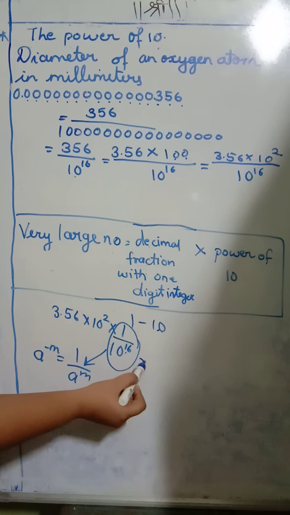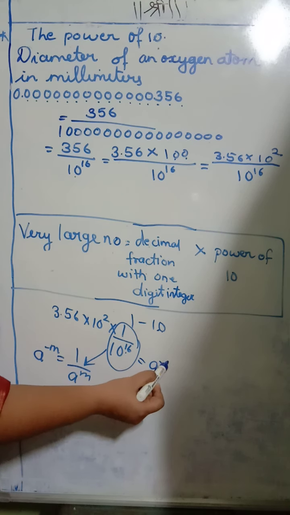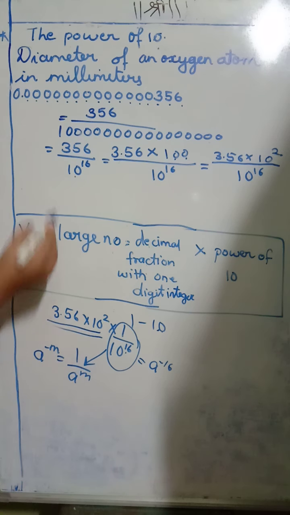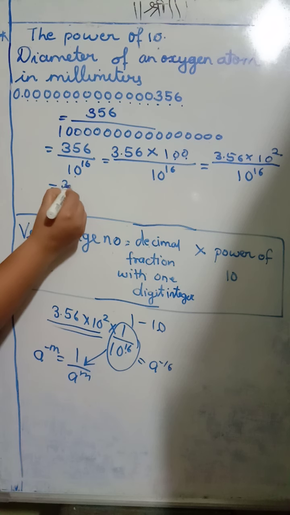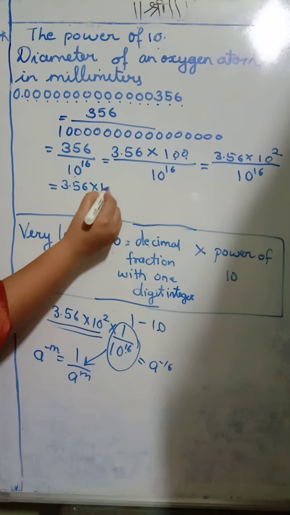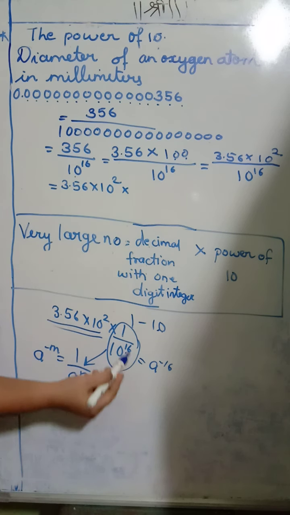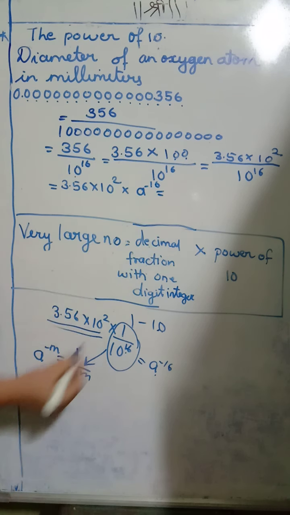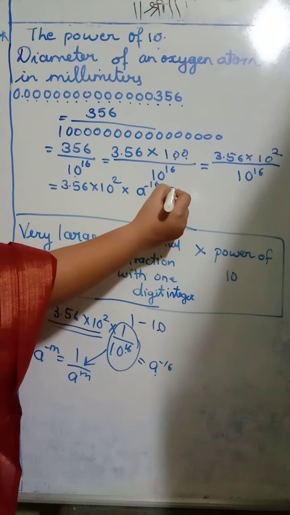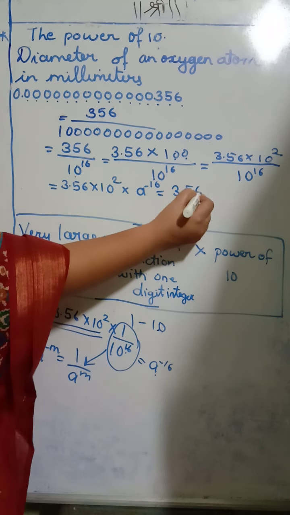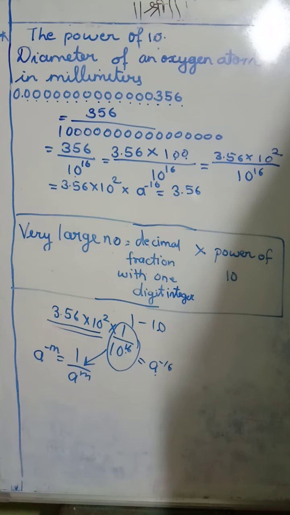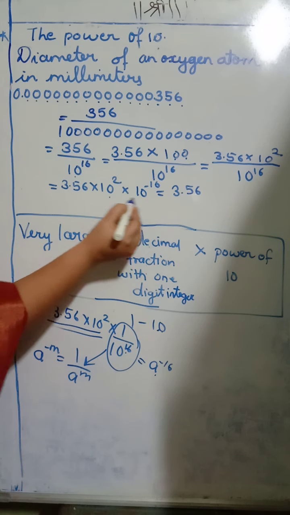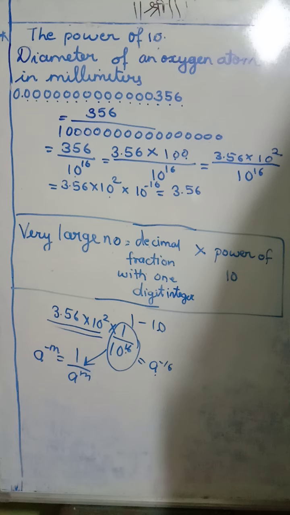So this will be equal to 10 raised to negative 16. So first we will write 3.56 into 10 raised to 2 into this converted to 10 raised to negative 16. Now 3.56 is a decimal fraction, the smallest decimal fraction. We will write it as it is. Now 10 raised to, here can you see multiplication of indices?